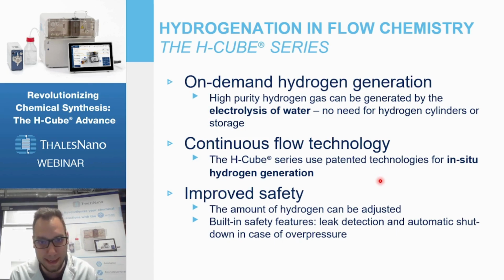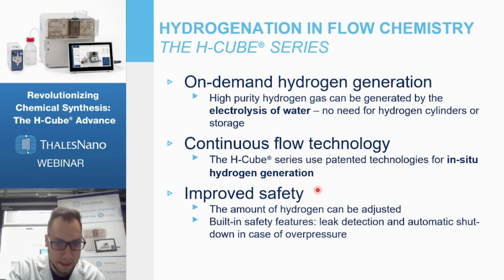So you don't get any explosive hazards or overpressure hazards, or any chance to form an explosive mixture with the air, even if the hydrogen is released into your fume hood or your working environment. And that results, of course, in a lot of safety. So the improved safety features make continuous flow hydrogenations a lot more user-friendly compared to the batch protocols.